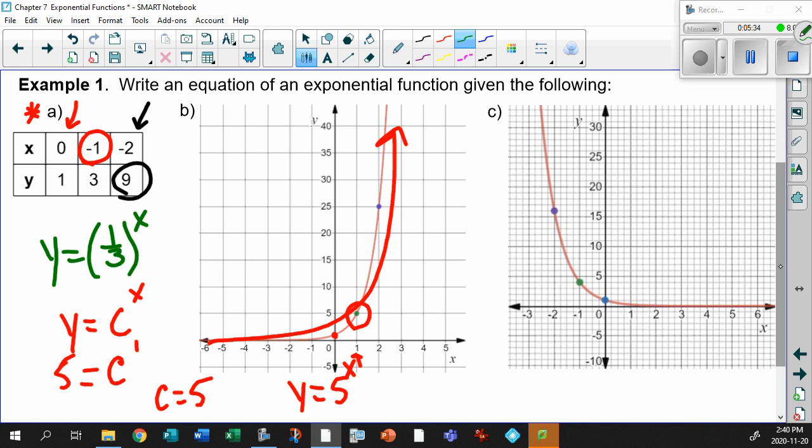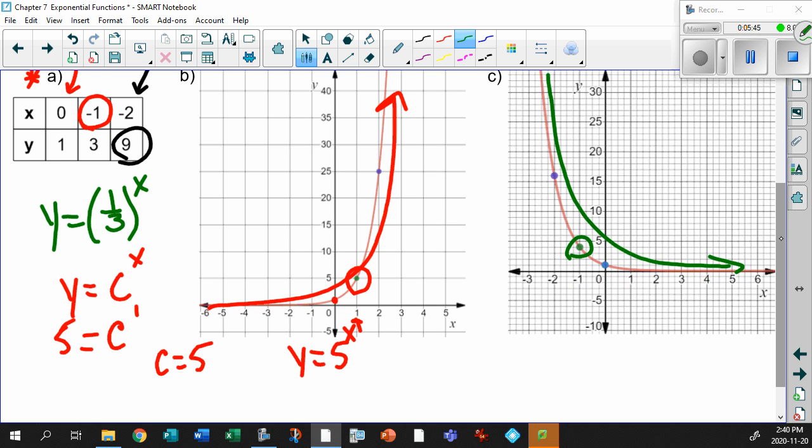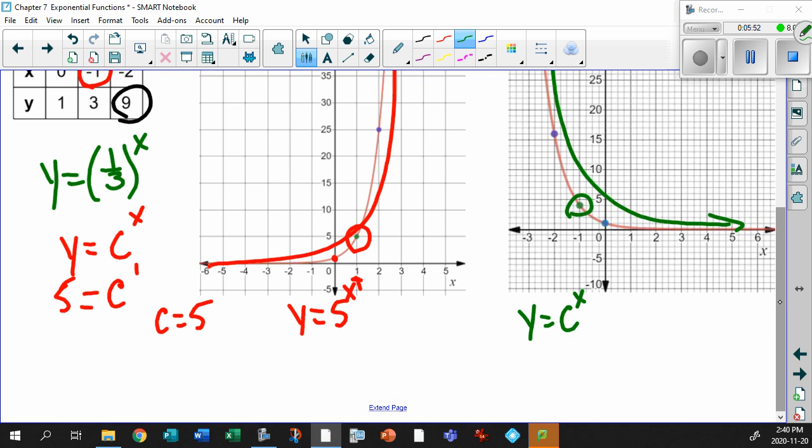Okay, let's do the same thing again, but for this graph. Notice how this one is now falling. So start dealing with the negatives. If you deal with the negatives here, you'll notice something. y equals c to the power of x. At x equals negative 1, this works out to be, well, it looks like 4. 4 equals c to the negative 1, which means 4 equals 1 over c.